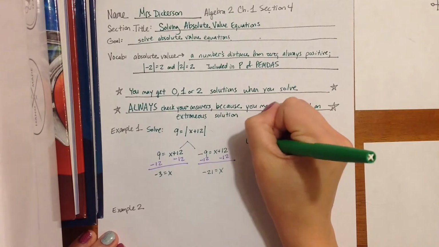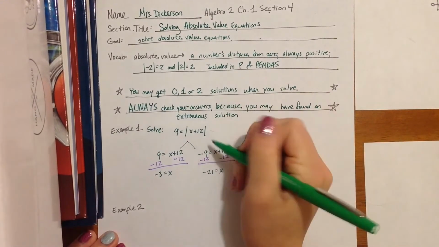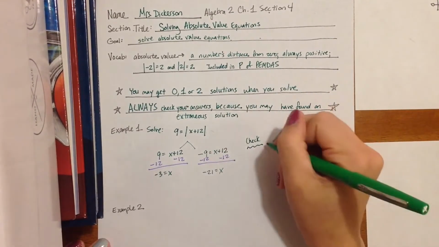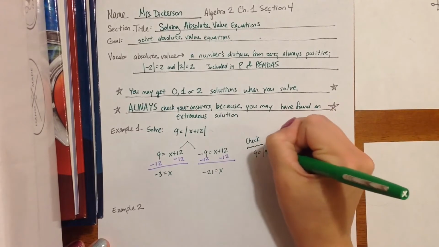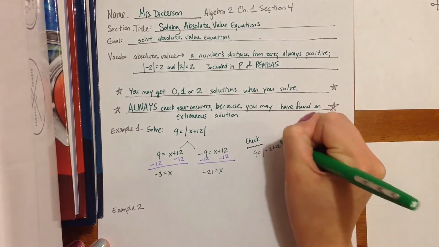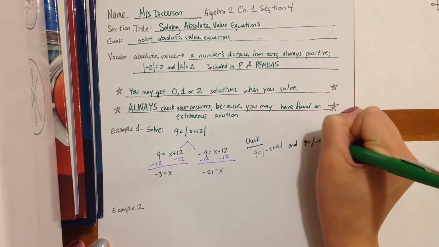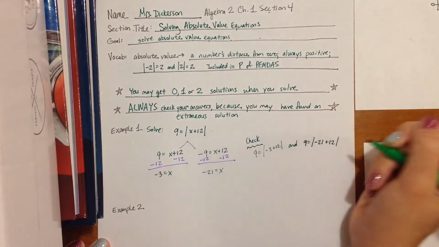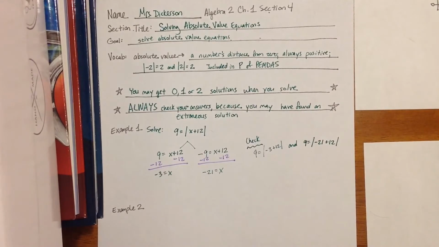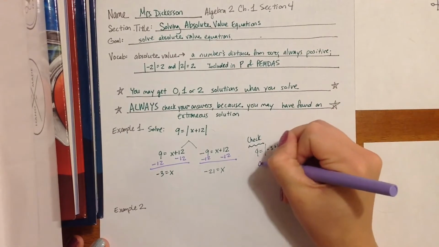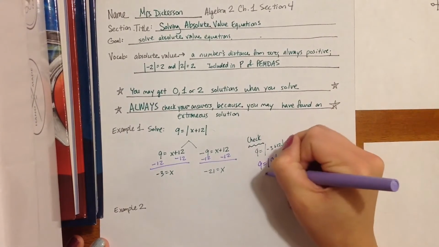I'm going to go over here and check just to be certain, but an easy one like this, I'm thinking things are going to work out for me. I am looking for this equation and this equation to be true, so let's take a look. I have 12 plus -3. I know that is +9.